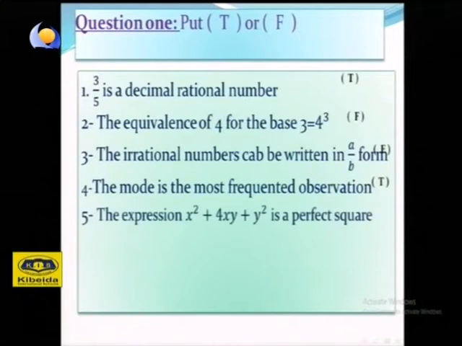Number 5, the expression x squared plus 4xy plus y squared is a perfect square. If I want to know whether any second degree expression is a perfect square or not, I need to look at the first and last terms.